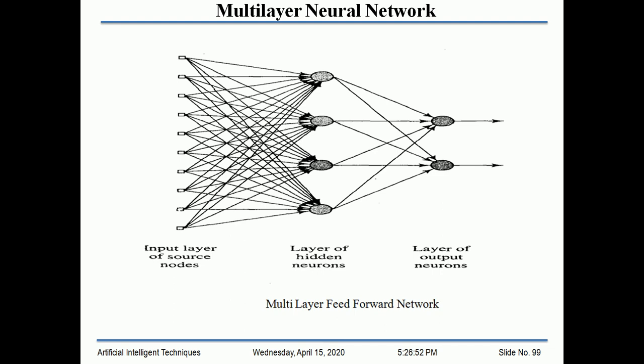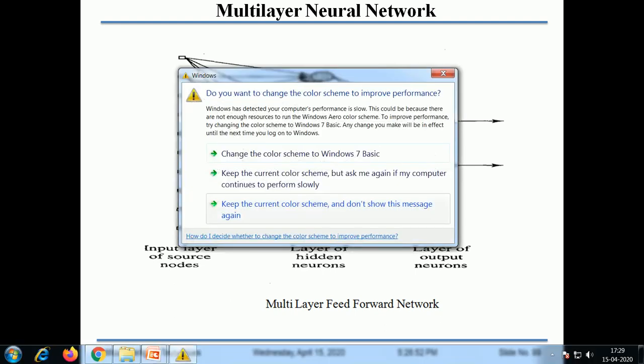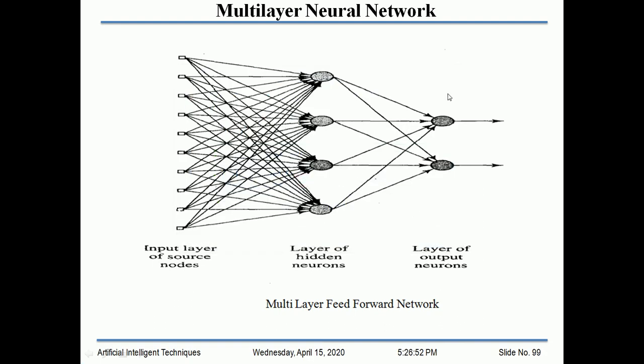and training of this multi-layer neural network is usually done with the help of a special algorithm called the error backpropagation training algorithm. There are other training algorithms also available, but anyhow, the best method of training a multi-layer neural network is the error backpropagation training algorithm.